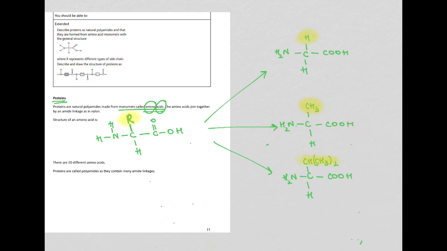These are the constant parts of the molecule. This is the part that changes. This is why it's called R. So similarly, you have up to 20 amino acids. So there's going to be 20 different substituents for R.